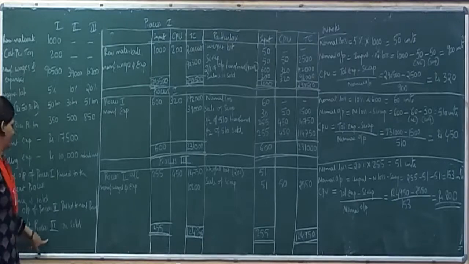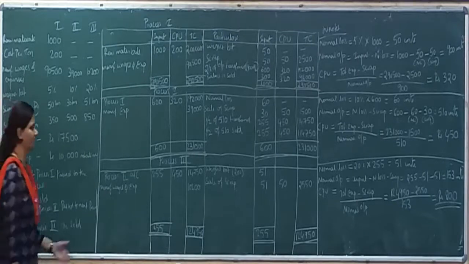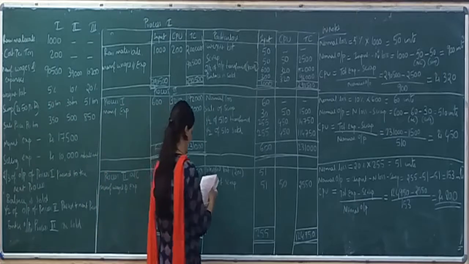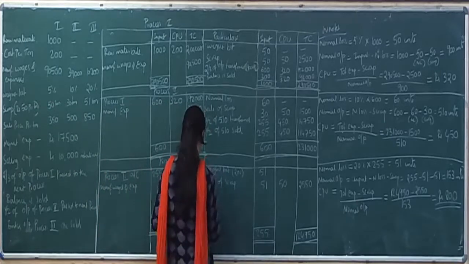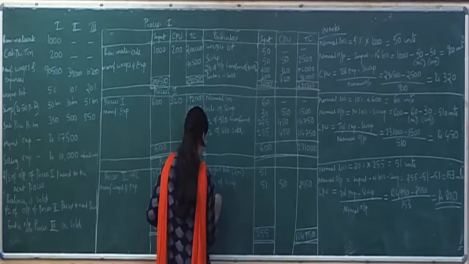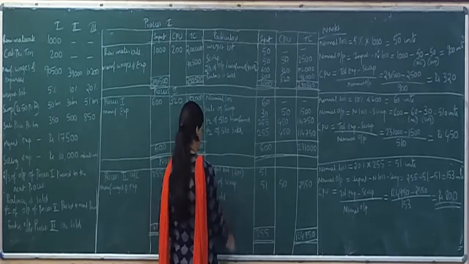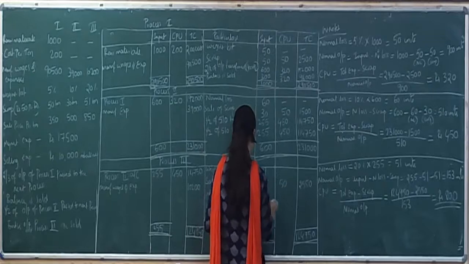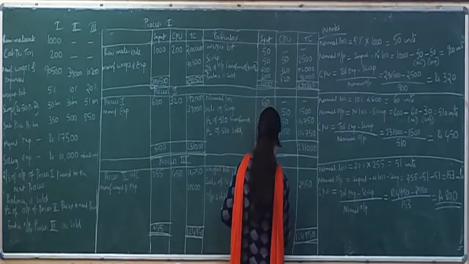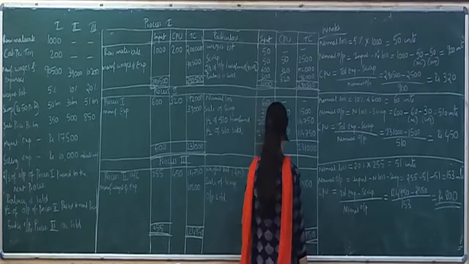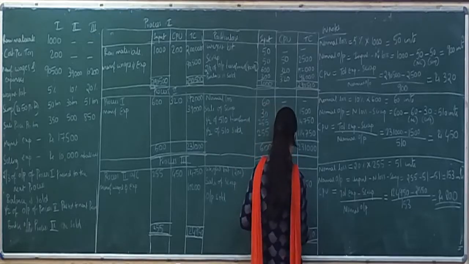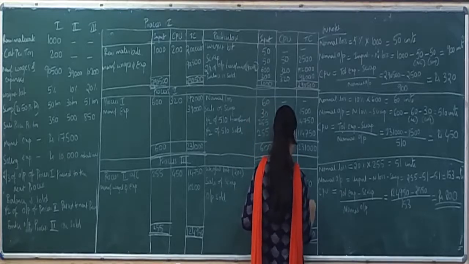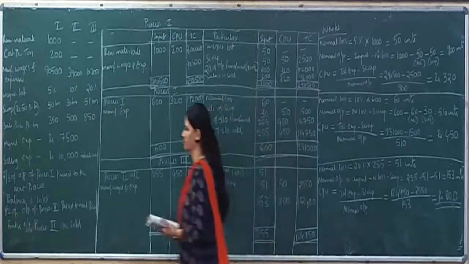Okay, so now here what they have given about the output. Entire output of process 3 are sold. Okay, so that is 153 units at 800. The total value.